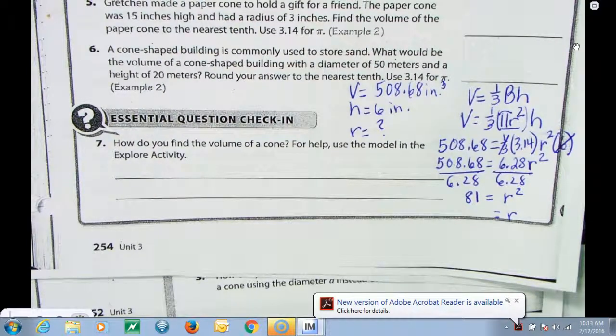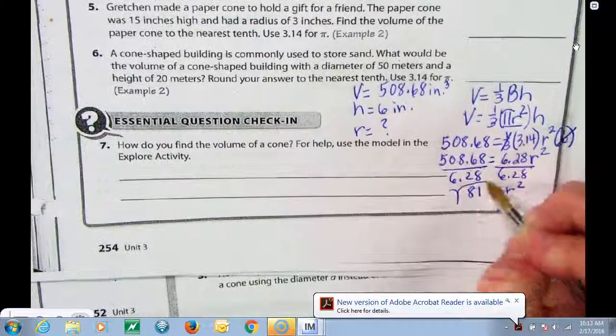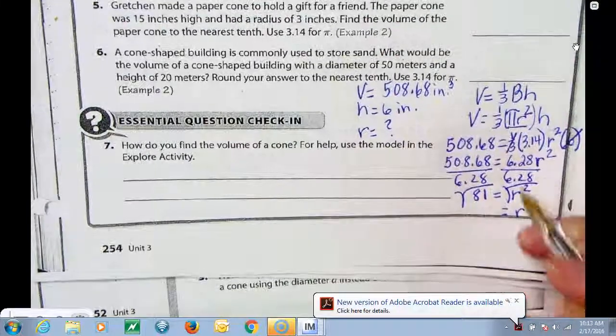Now, here's the next skill. See what I'm talking about? We're up to 6 skills for this one problem. I don't want r squared. What do I want? This should look very, very familiar. How do I get r? Square root it. We just learned this with the Pythagorean theorem.